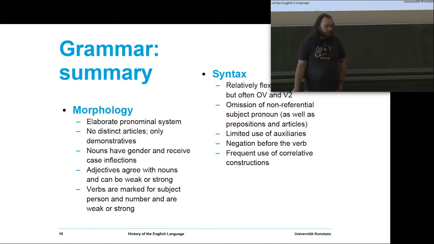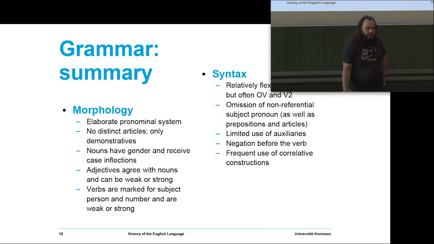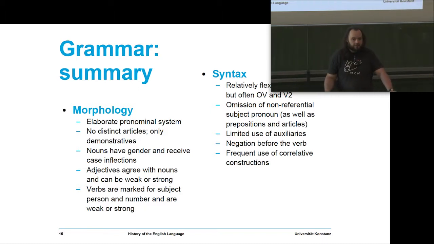And this is something that modern English does not do at all, but which modern German does do. Adjectives agree with nouns. They can be weak or strong. Remember that the crucial thing with adjectives that determines whether they're weak or strong is whether they occur with the demonstrative or something like the demonstrative. So if they occur with the demonstrative, then you get a weak adjective. If not, you get a strong adjective.